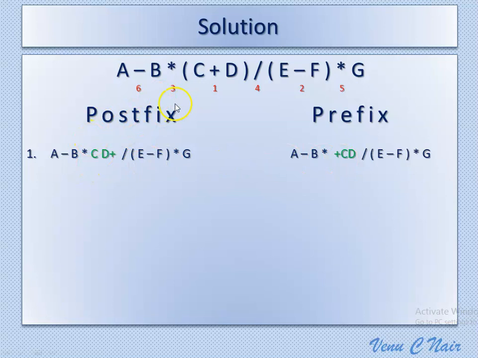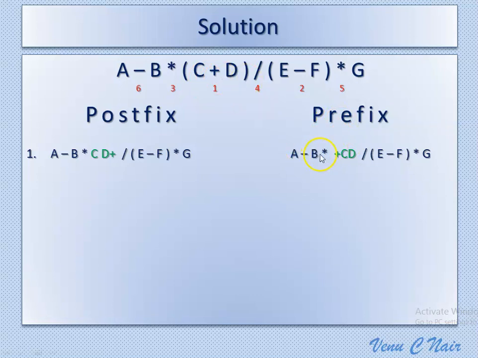So after the first operation in postfix, the expression becomes A minus B into, up to this portion there will be no change. C plus D will be changed into C D plus. This C D plus should be considered as a single term now. Then divided by E minus F into G will have no change. So is the case with the prefix expression.